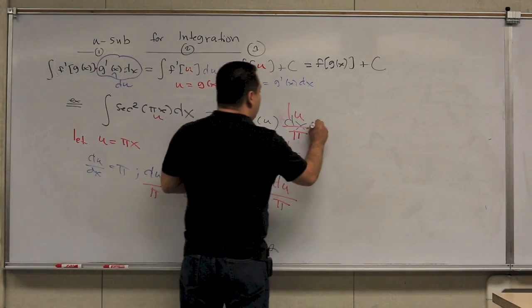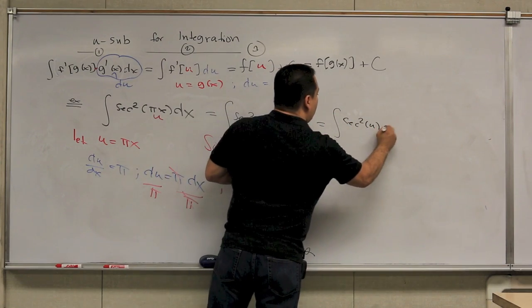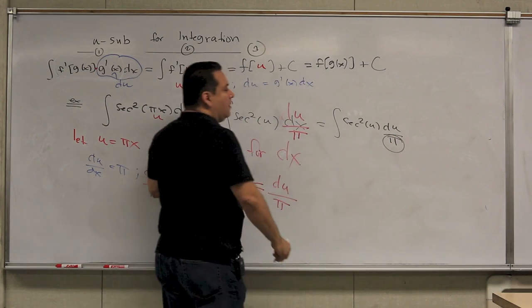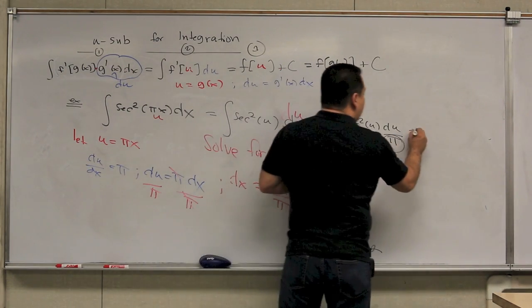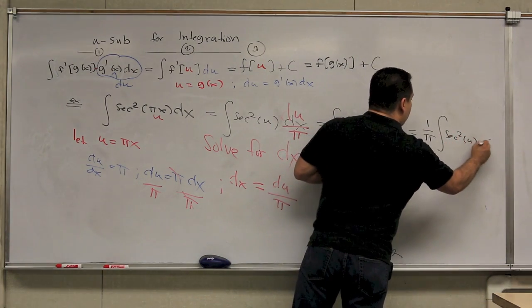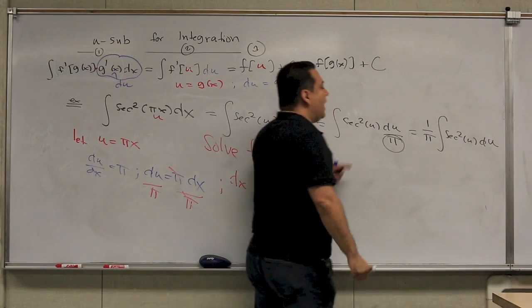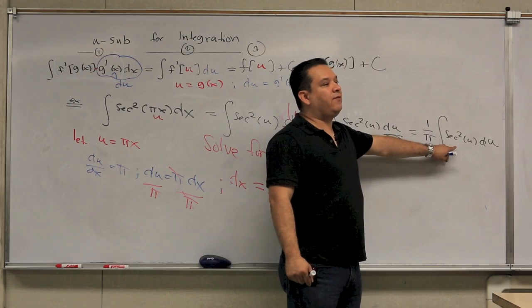So this integral is really secant squared u du over pi. What is pi anyway? Isn't that a constant? Don't I pull out my constants? So this becomes 1 over pi integral secant squared u du. Can you integrate secant squared u du? Or in other words, what's the antiderivative of secant squared?